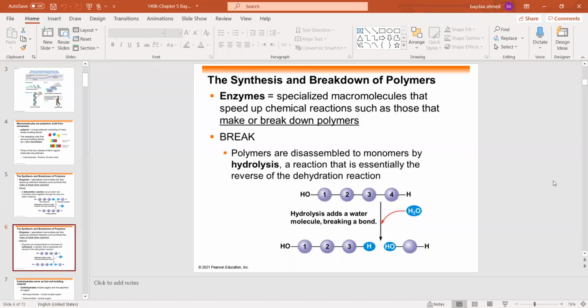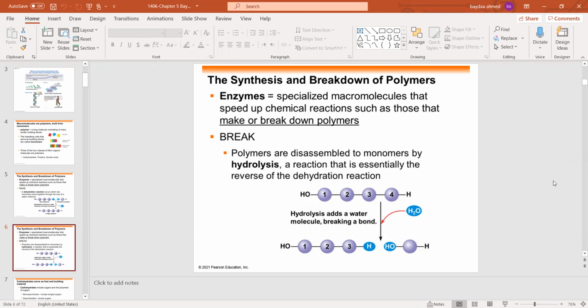An example of a hydrolysis reaction within our bodies is the process of digestion. The bulk of organic material in our food is in the form of polymers that are much too large to enter our cells.